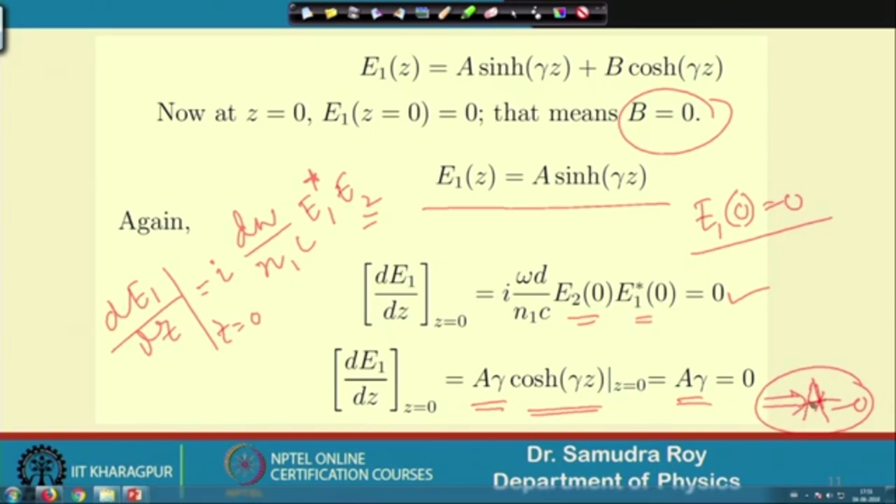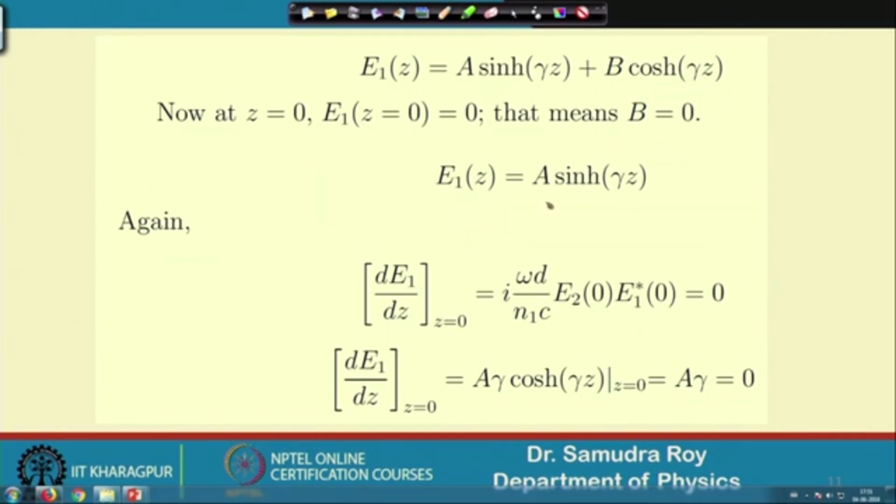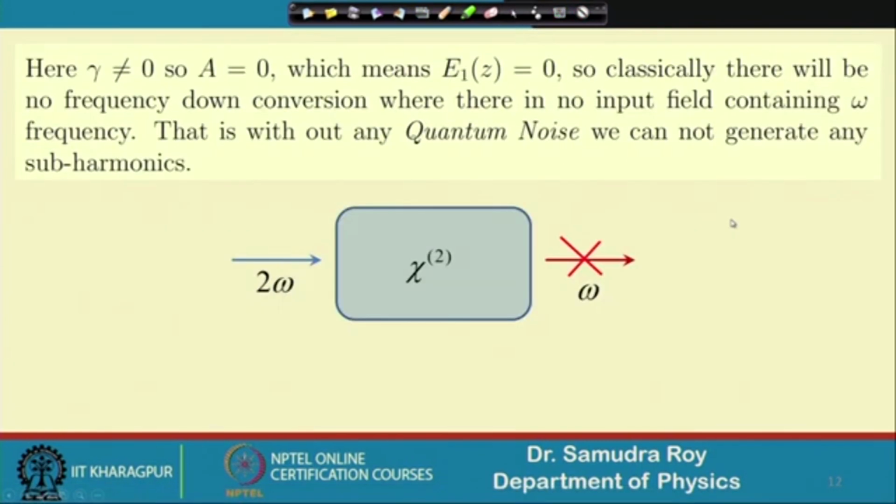Once we have A equal to 0, that means the entire E vanishes, there is no E 1, and that is interesting, because gamma is not equal to 0 as I mentioned. So, A is equal to 0, which means E 1 of z equal to 0.